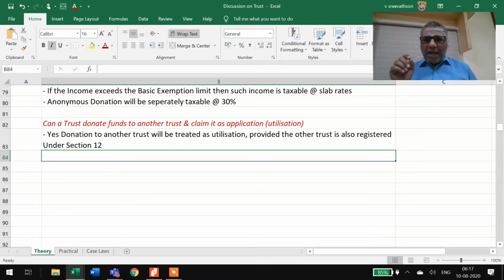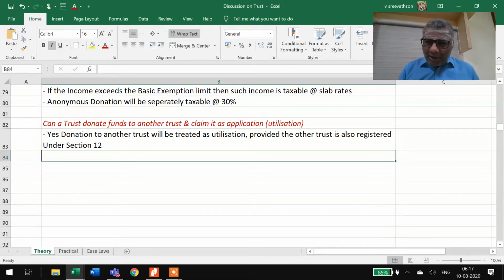Practically what was happening is, let us say I am running a trust A and there is also a trust B. Both are registered public charitable trusts which enjoy exemption under section 11. A donation from trust A to trust B, is it allowed as utilization? The answer is yes, and I can claim it.